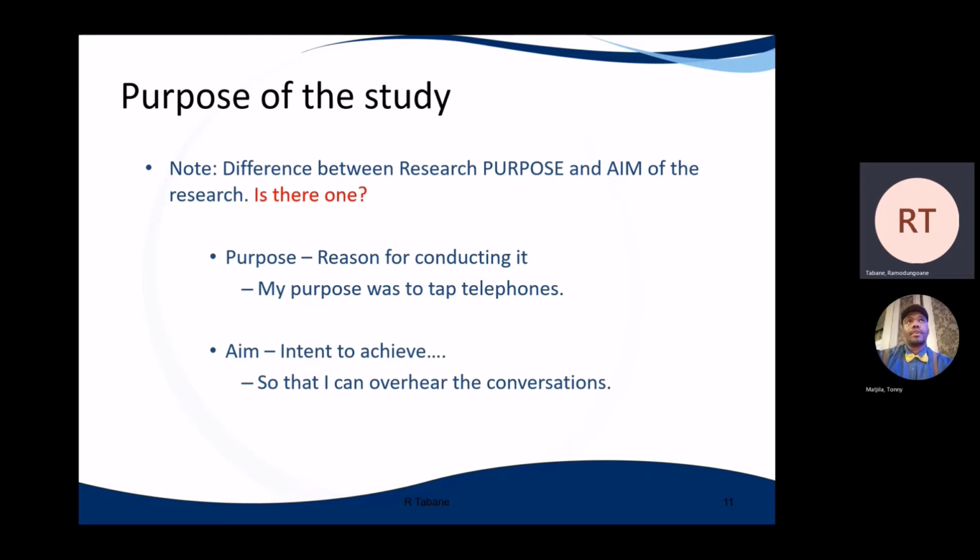So the police have tapped the phones because they want to listen to the conversation to catch. I'm sure you can see now that you're doing something to get somewhere. So the purpose indicates what you are doing, the aim, the reason, which is the intent to achieve something.